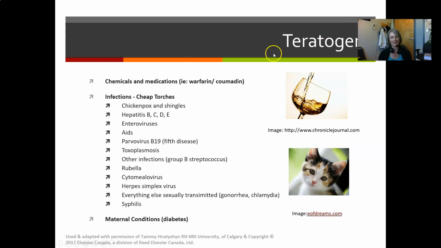A teratogen is anything in the environment that can impact the growth and development of a developing fetus. When we go back to that slide that showed the different ages when they can be impacted, we know that approximately 3 to 4% of all live births can be impacted by a birth defect, and a lot of them are caused by teratogens.